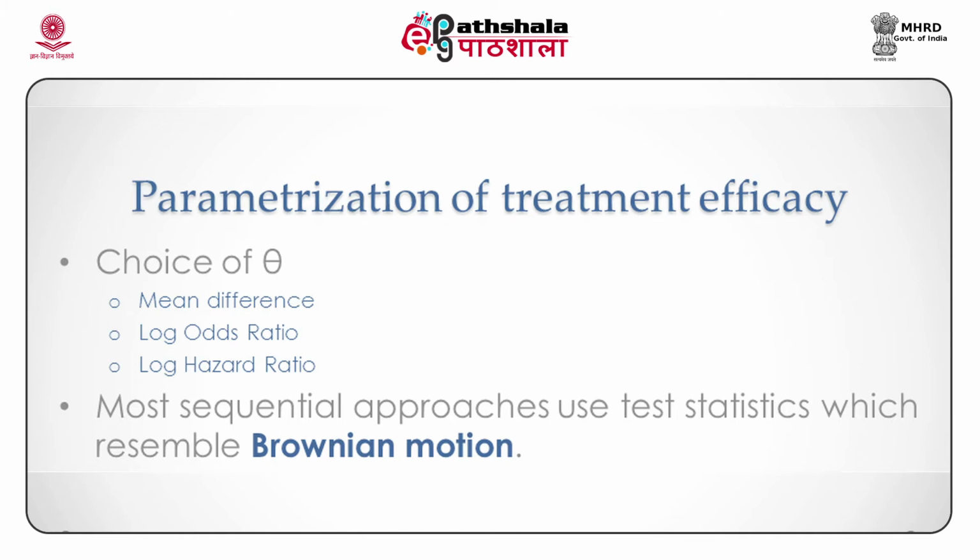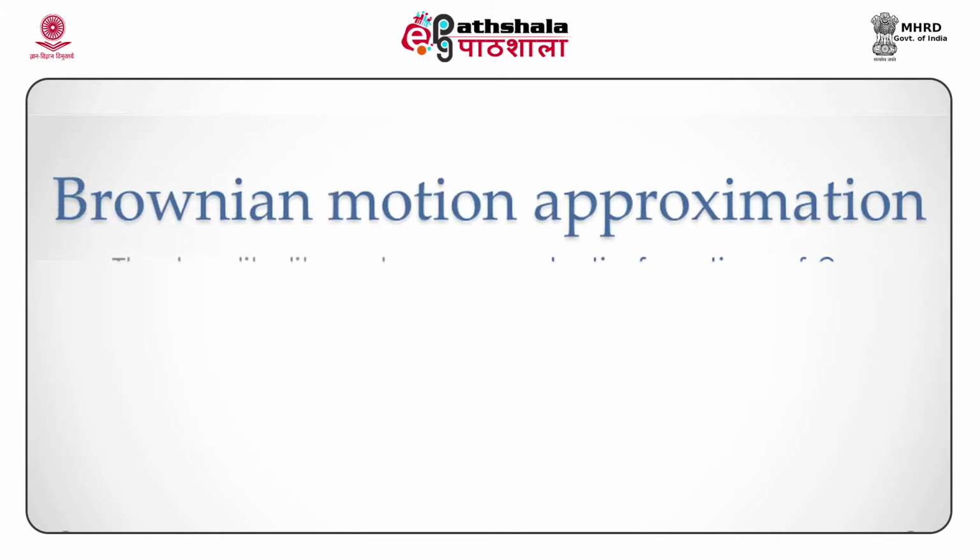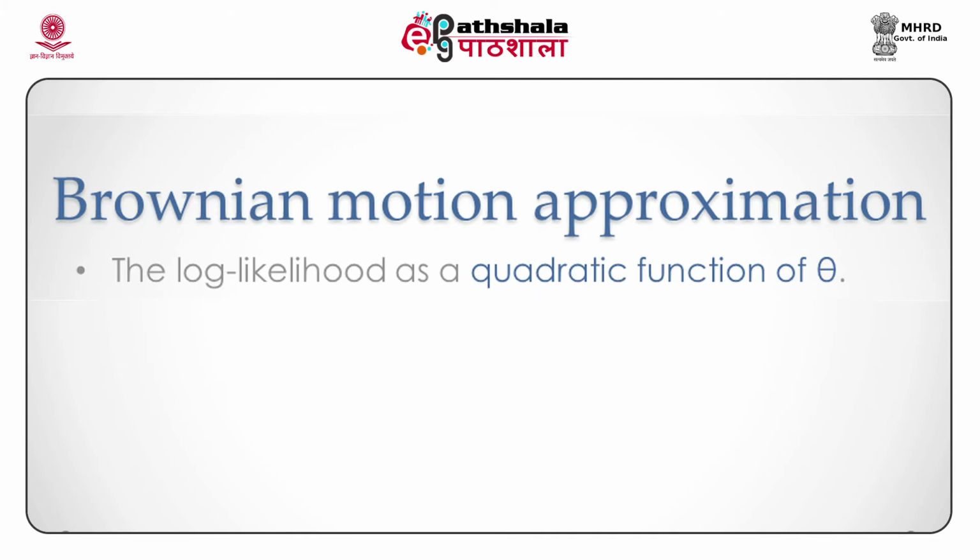The reason is that in many cases it appears that the log likelihood is a quadratic function in theta. Now, if theta is the only unknown parameter, then the log likelihood is parameterized only by theta, and the Brownian motion approximation can be seen to hold in many standard situations.